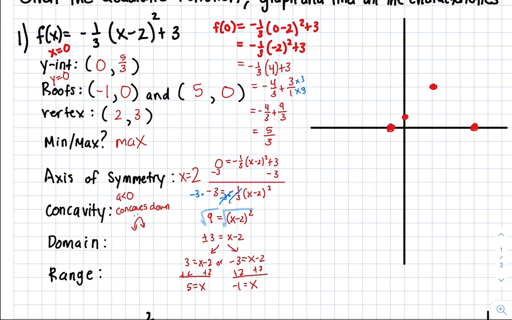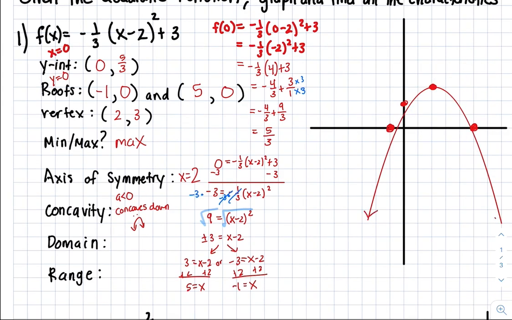So your guys' graph is going to look like that to some degree. And then your guys' axis of symmetry is at x is equal to 2.